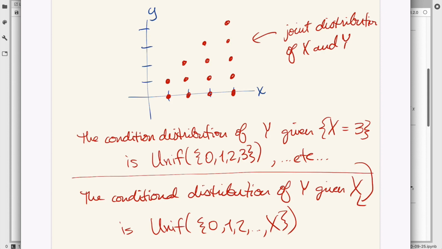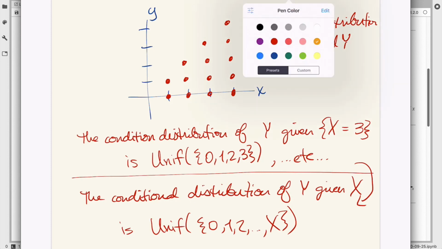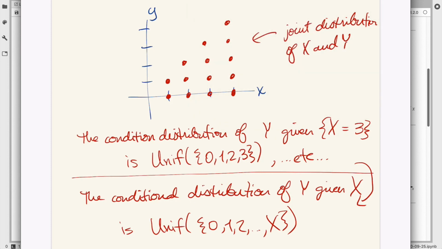Now, we can also talk about the conditional expectation of y given x, which is just the expectation with respect to this distribution. And since the distribution of y given x does depend on x, in this case, the conditional expectation will as well. So for example, given that x is equal to 1, y is equal to 0 or 1 with equal probability.